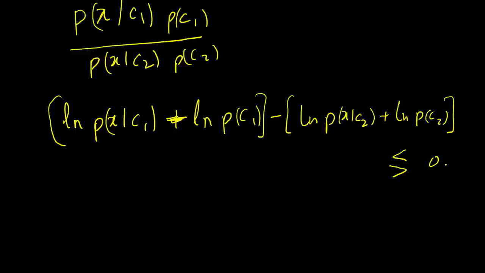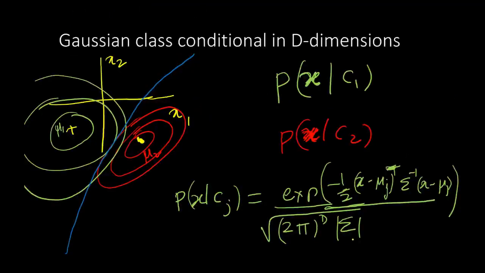Now you can see where I'm getting at. We want certain terms to cancel out. So let me go back here. There was an index j here, that is for the jth distribution.